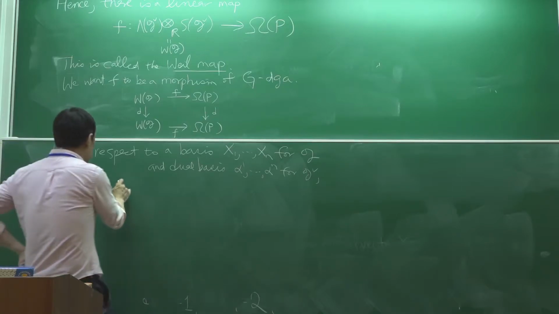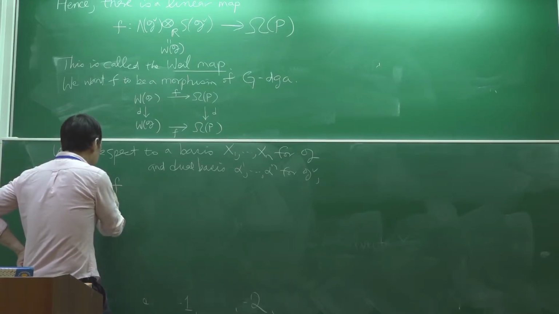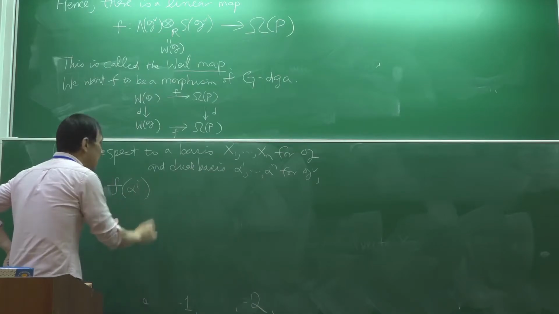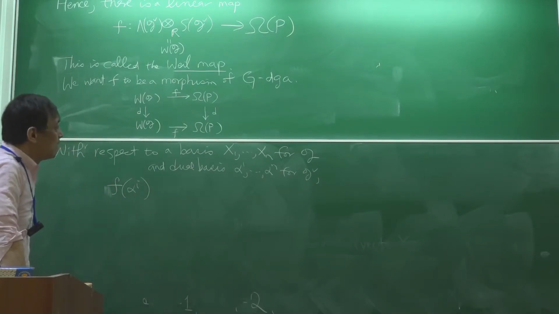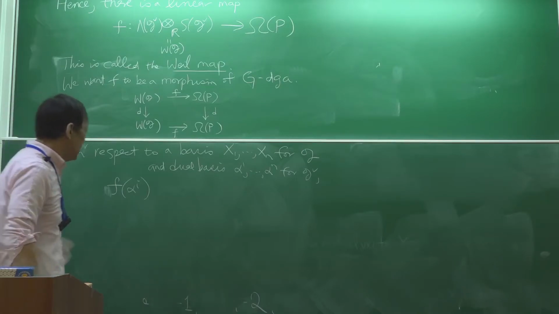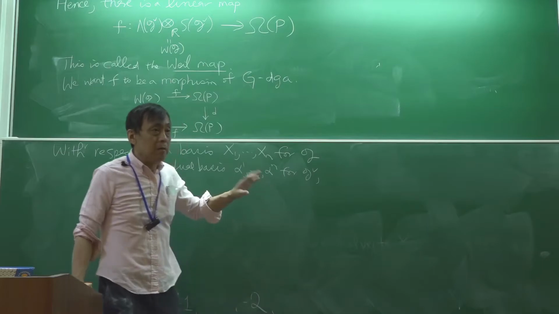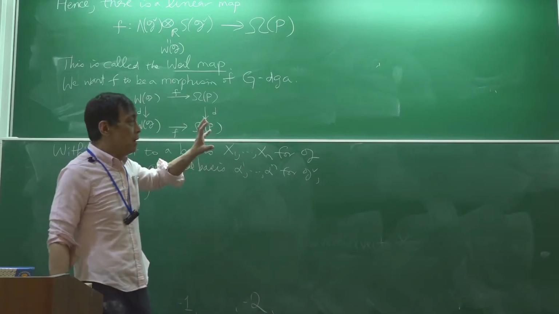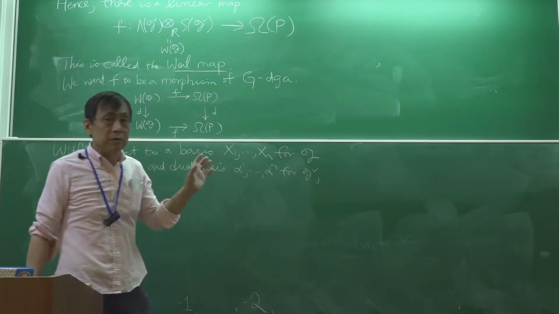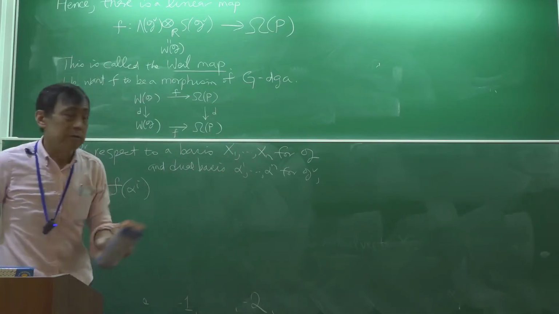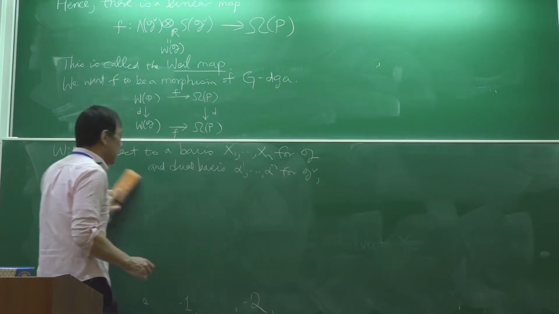So let's see, what is the Weil map of... oh, okay, now it's going to be confusing because the alphas, if they are in the exterior algebra, they anti-commute. If they are in the symmetric algebra, they commute.